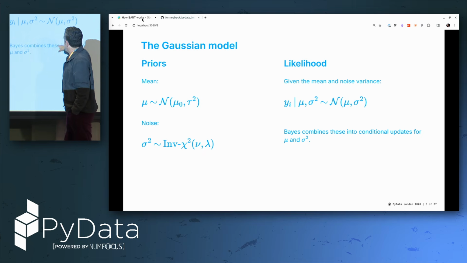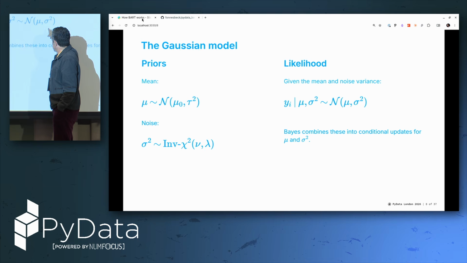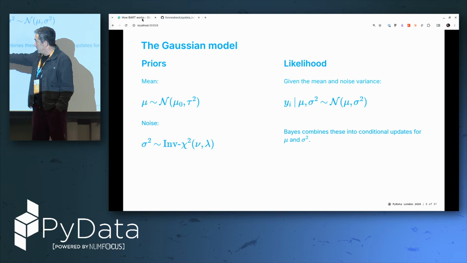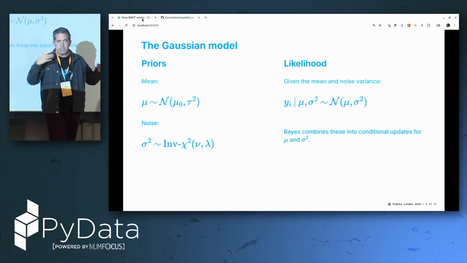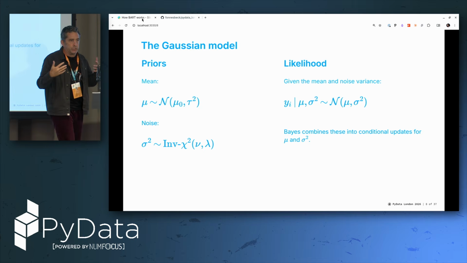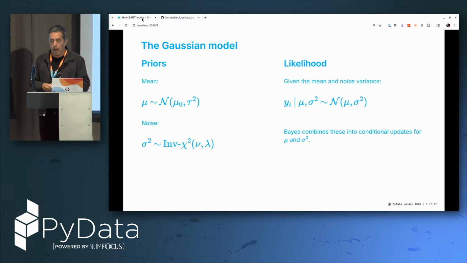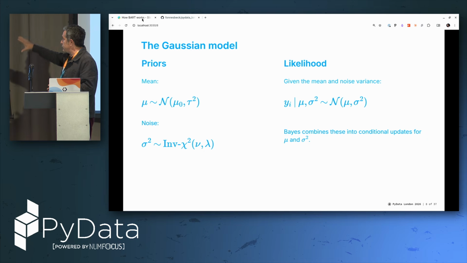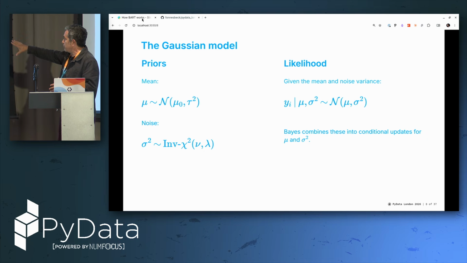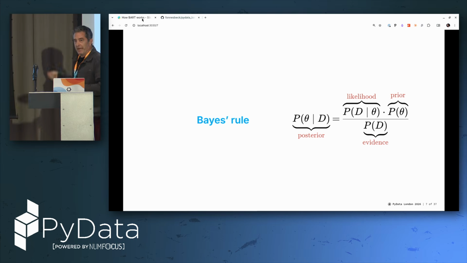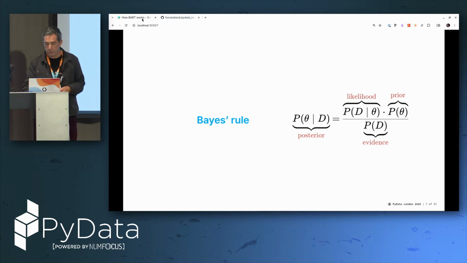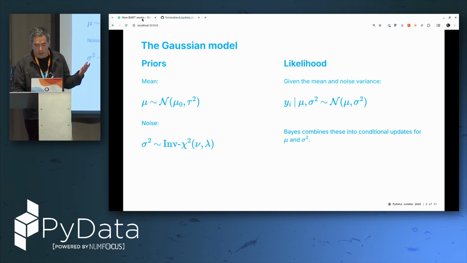And then we'll put a prior on sigma, or sigma squared, and we'll use an inverse chi-squared. And there are all these choices you have to make about priors, how to choose priors. That's a whole thing. But irrespective of what you choose, you plug those in as a prior, you incorporate a likelihood, and then you turn the Bayesian crank, and you turn that into a posterior distribution, and you learn from your data.